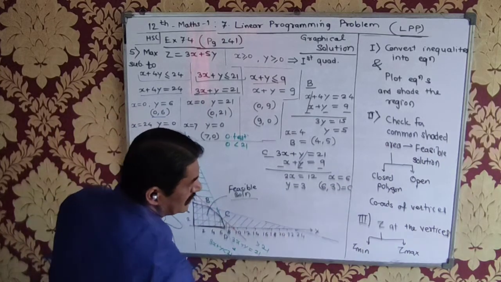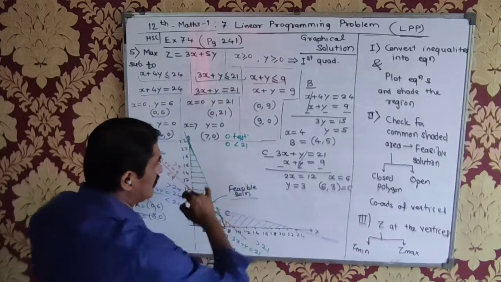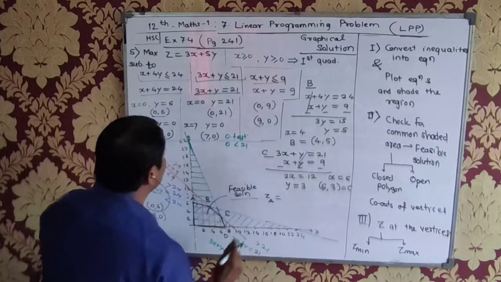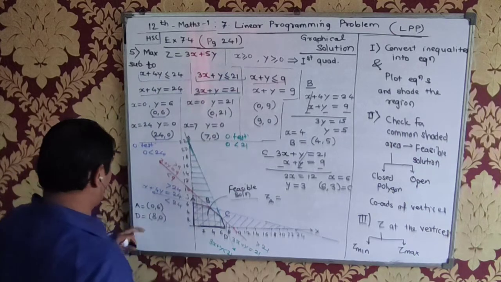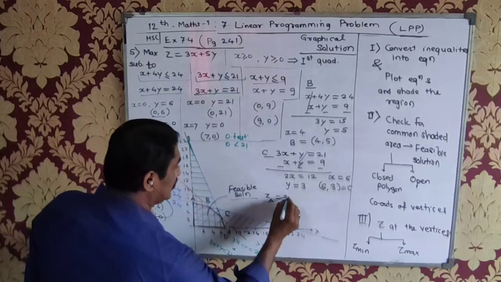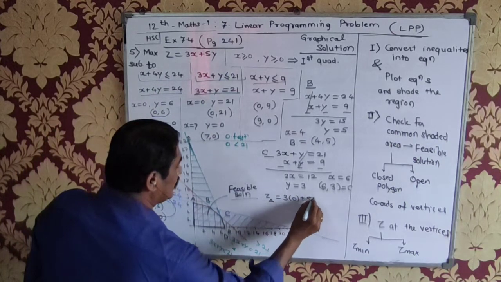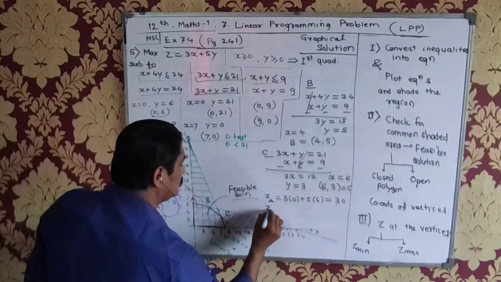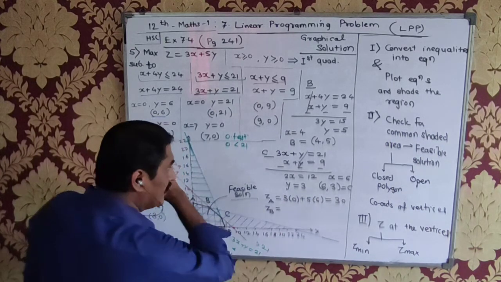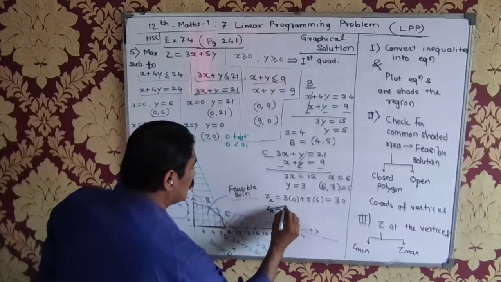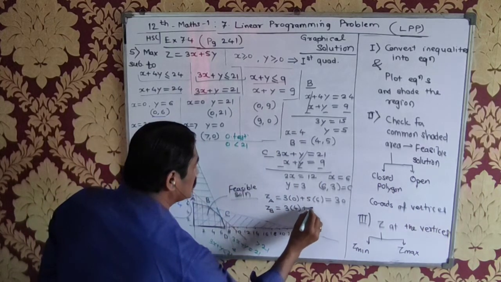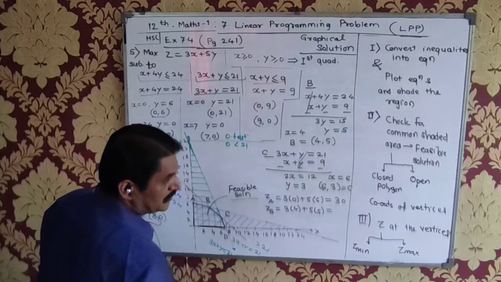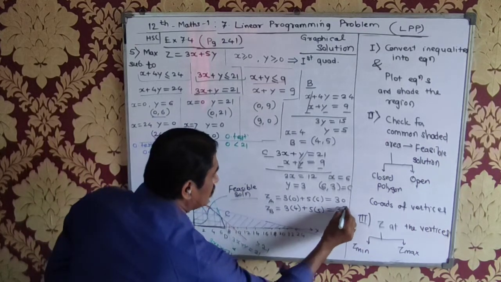And now the last thing, I have to find out z at all these vertices. So I'll find out, this is step number 3, z at A. Z is 3x plus 5y at A. So it is 3 into 0 plus 5 into 6, that is 30. Z at B, it is 3 into 4 plus 5 into 5, 37.